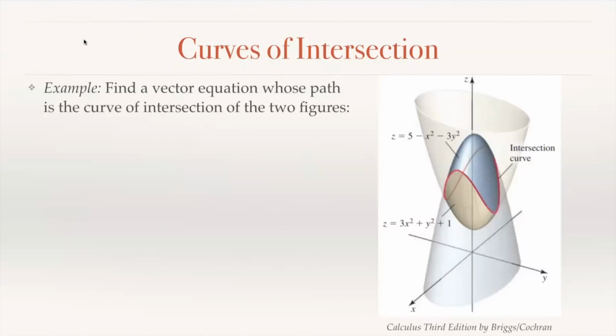So here are two elliptical paraboloids, and they intersect in some curve. You can see that they intersect in this wavy red line. And we're interested in finding the parametric vector equation of that line.